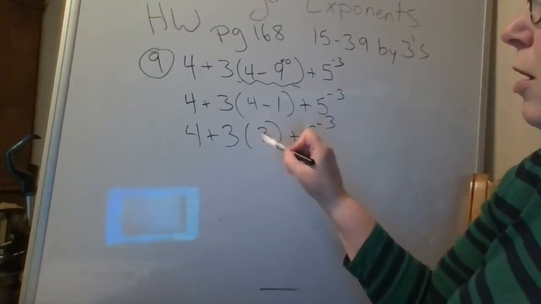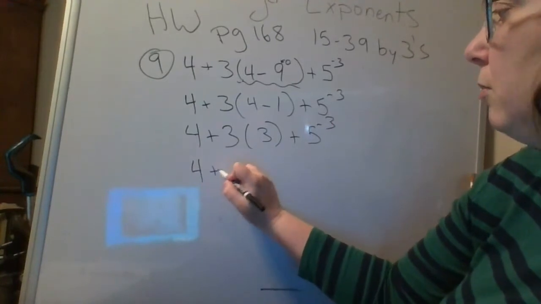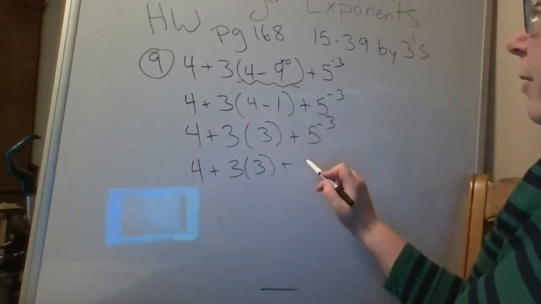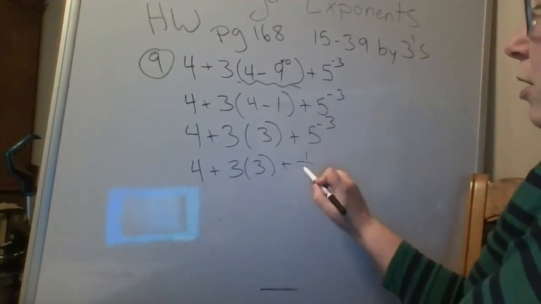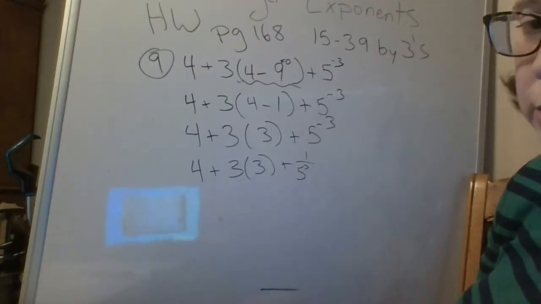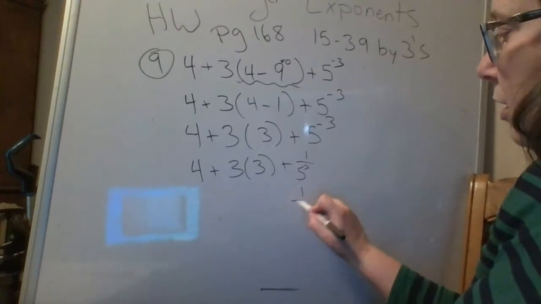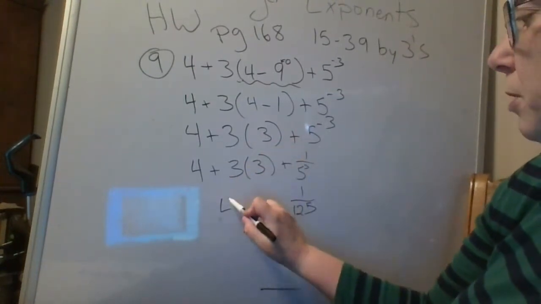Now I have no other items inside the parentheses to deal with, so I'm going to move to my exponent over here, which is negative, so I need to make it 1 over my base and my positive exponent. 5 to the third is 125. And do my multiplication.